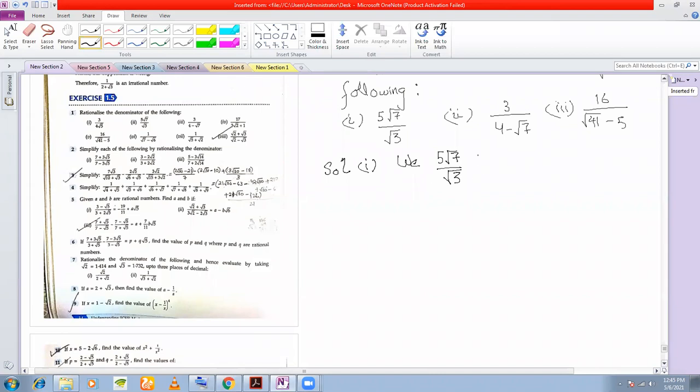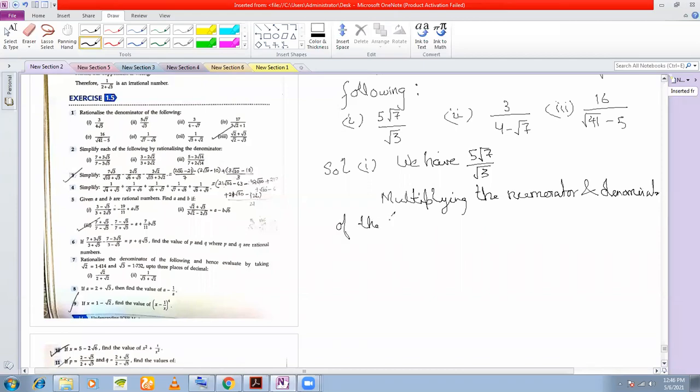So you multiply the numerator and denominator by the rationalizing factor of root 3.